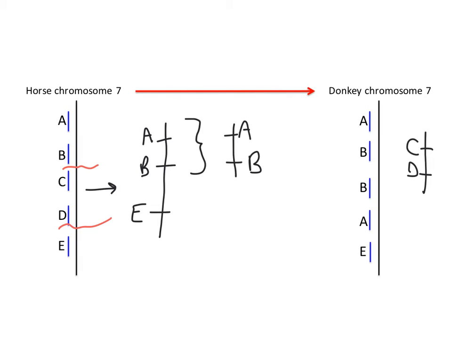Now what? So it's got to insert itself into the chromosome. So where do you want to break the chromosome? Between what genes? Between B and E, you want to make a break. And we're going to stick that little extra fragment, the extra copy of A and B in.